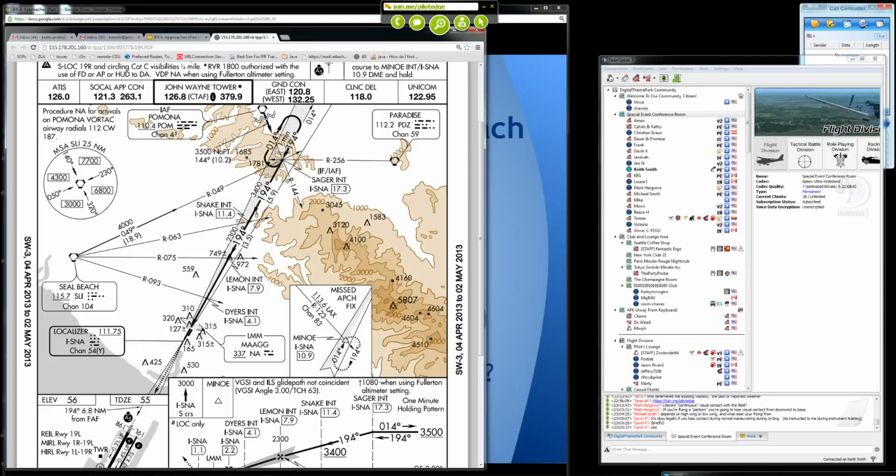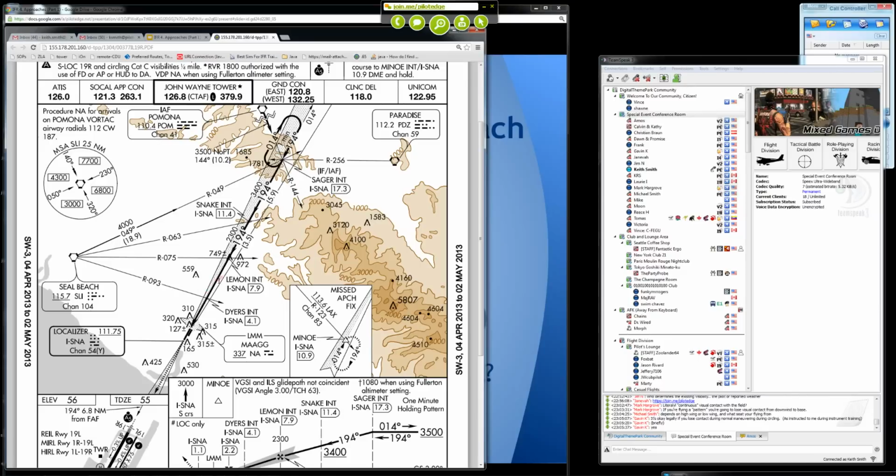You could abandon the localizer just for a sec, swap over to Seal Beach, tune the 063 radial, wait for the needle to move through the center, swap back to the localizer, and then you've identified SNAKE. You can even do that at LEMON, I believe, but not true for DYERS, and that's because DYERS is on the final approach segment.